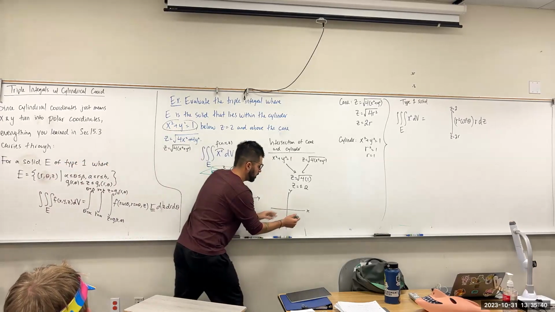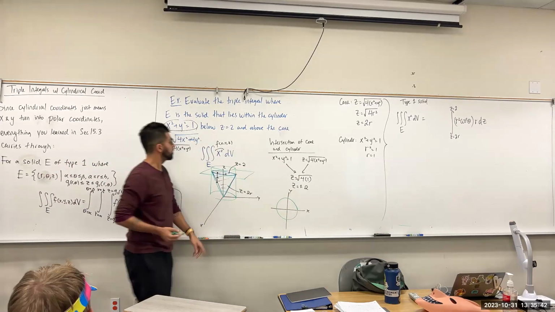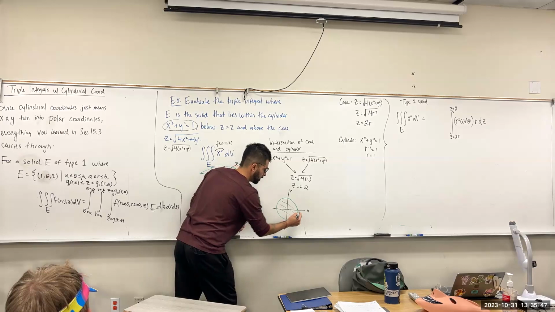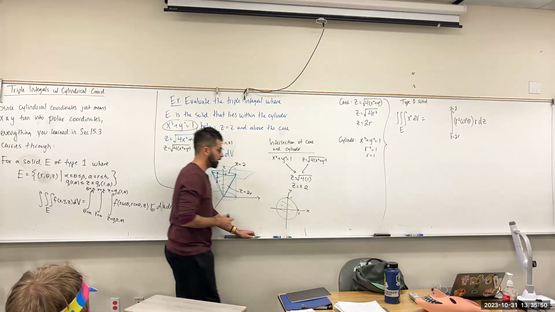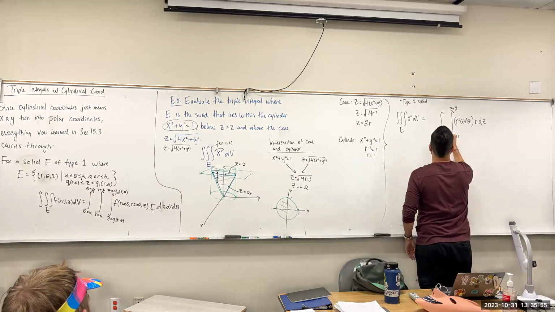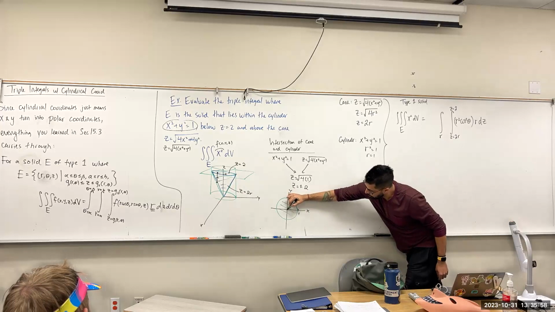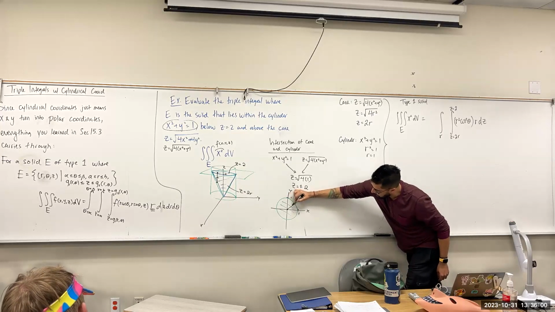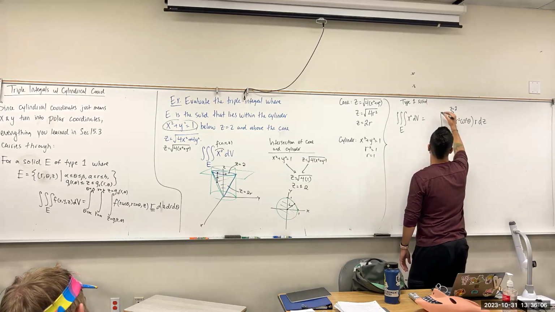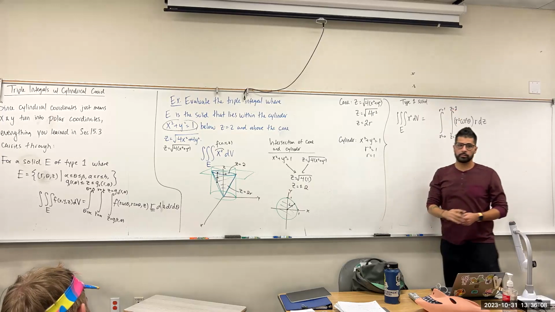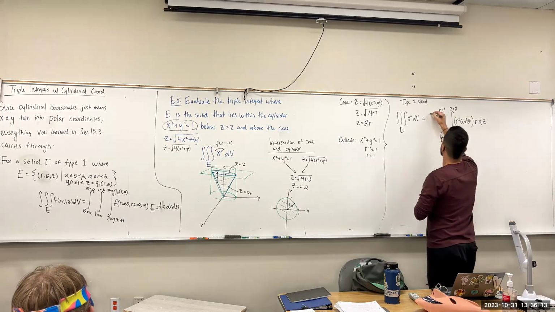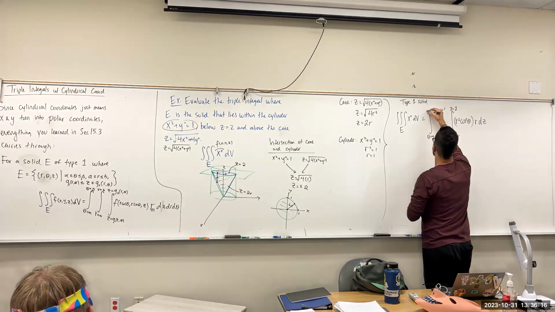When I graph that, it's a circle of radius 1. If I try to do this in polar, what is r bounded by? It goes from 0 all the way out to 1. This is your r. And your theta? The whole thing, 0 to 2 pi.